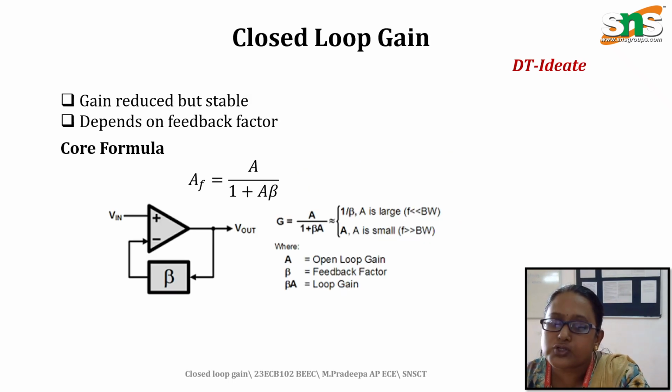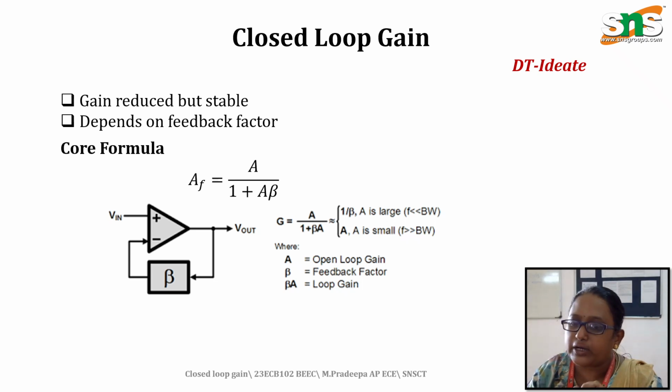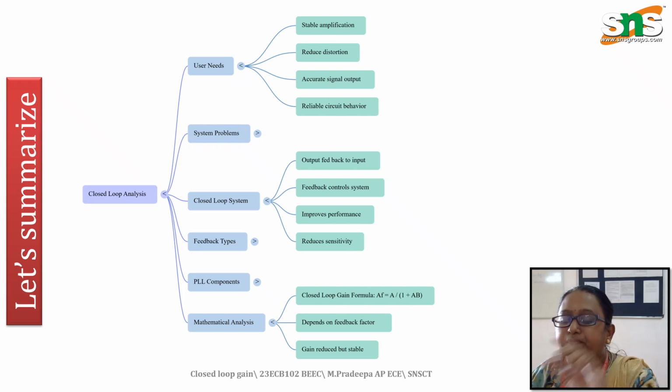How does this closed loop gain support stability? With this I have given you a simple formula to calculate the feedback factor. With this feedback factor we can see how to calculate the positive feedback and how to calculate the negative feedback. That is why I have given the formula: A divided by 1 plus A into beta.